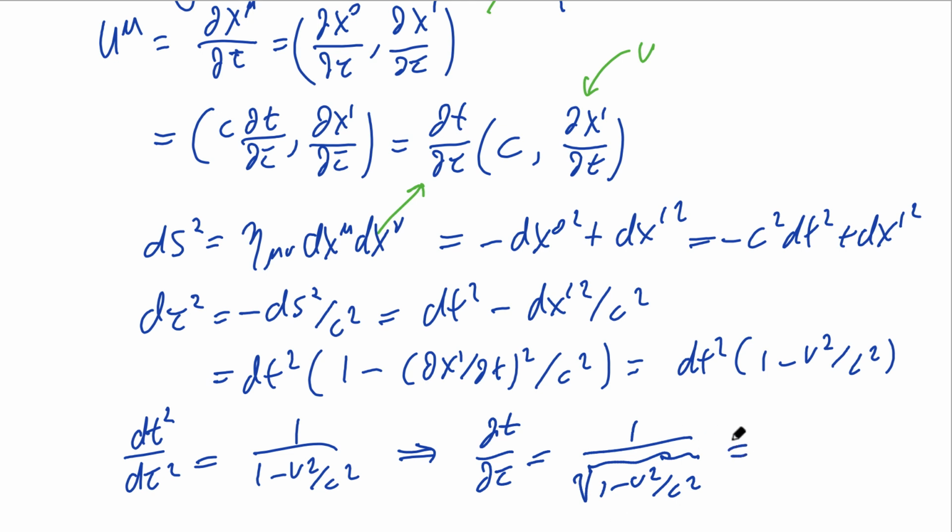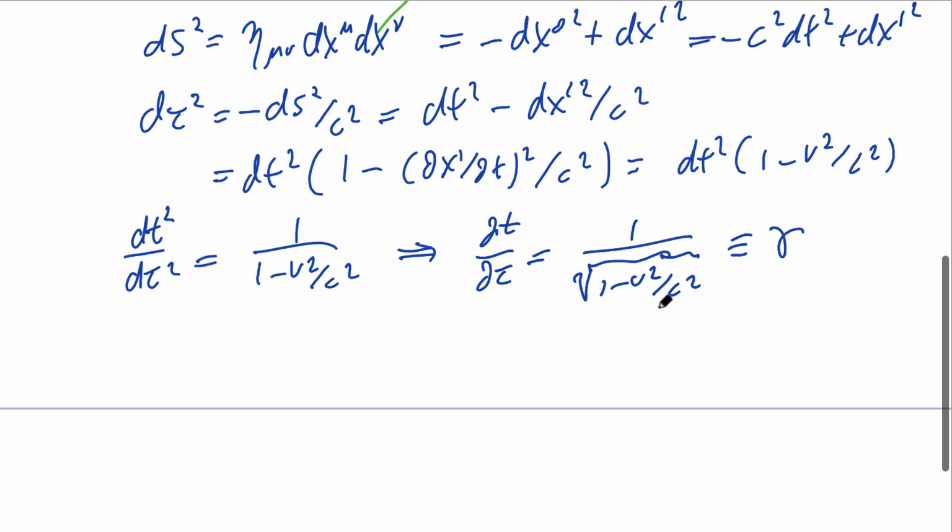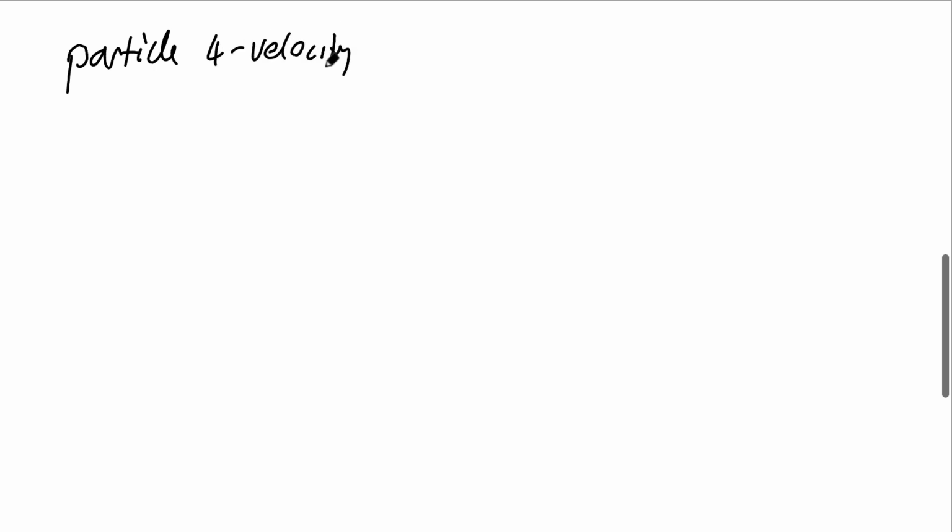This, of course, is the relativistic gamma factor. So from here we see that the forward velocity of the particle can be written as gamma times c comma v. So the particle forward velocity is u^μ equals gamma times c comma v.